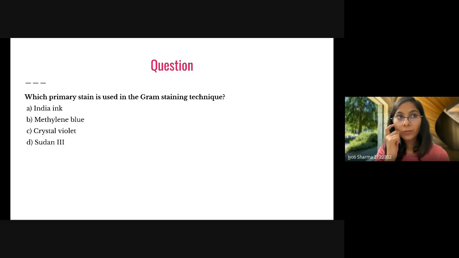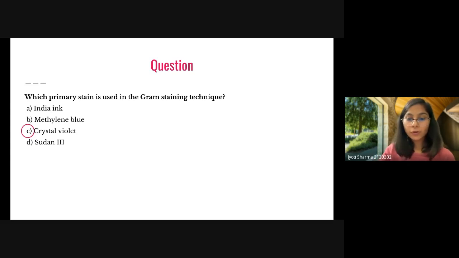If we want to differentiate what kind of bacteria we have, then we have a staining technique based on which we can differentiate whether it is gram positive or gram negative bacteria. So we will use crystal violet stain.